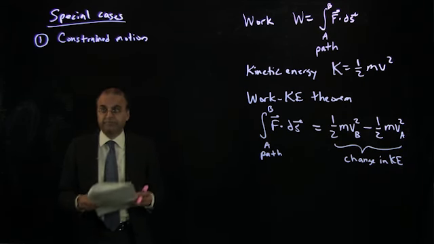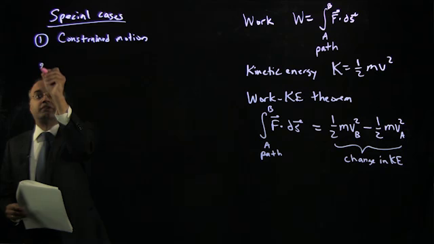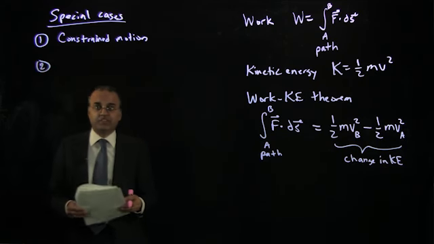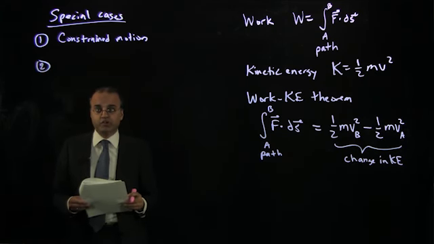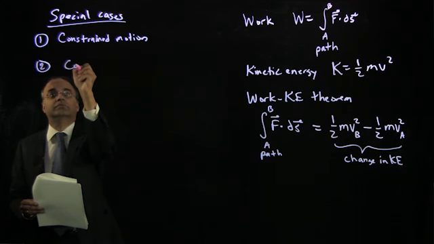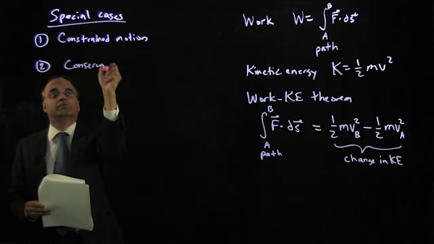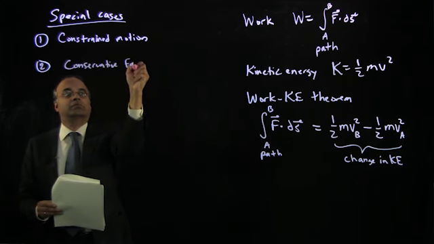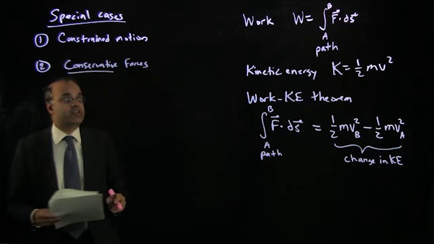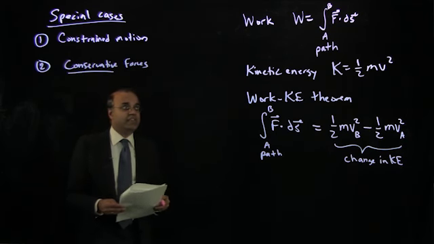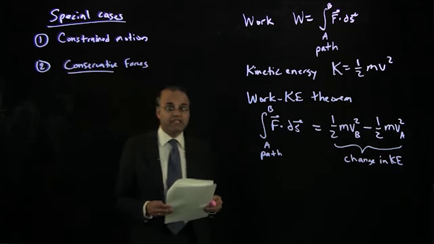And so we can evaluate the integral. The second special case we've seen is that there is a special class of forces called conservative forces. And conservative forces have the property that the work integral is independent of the path.